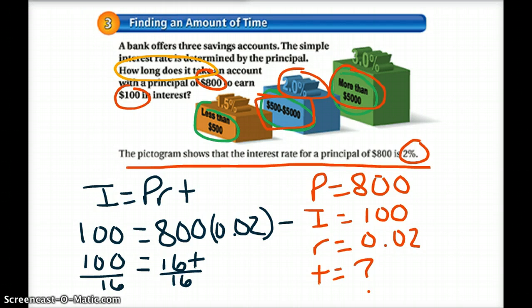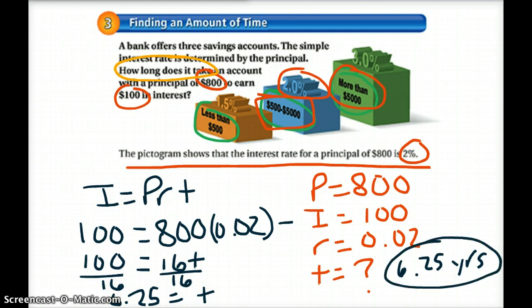And you're going to get that T is equal to 6.25 or 6 1/4. So the time that it will take is 6 1/4 years.